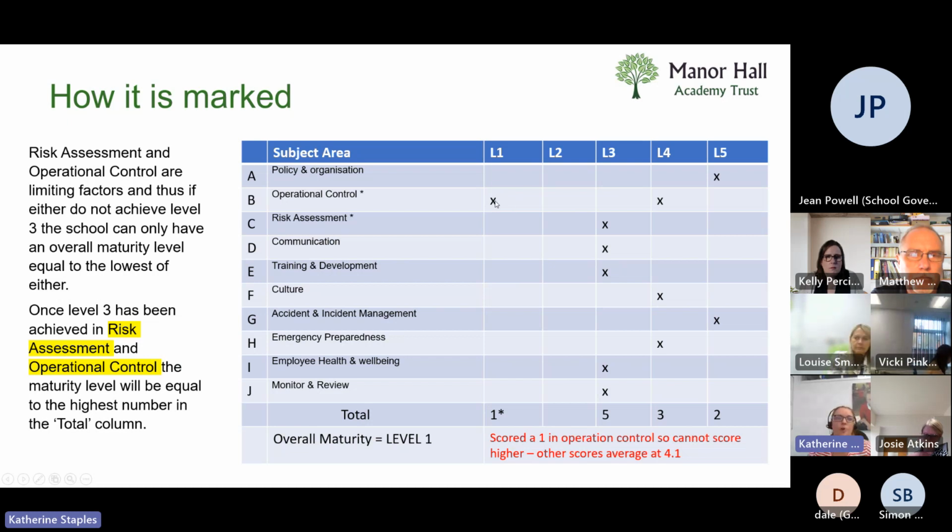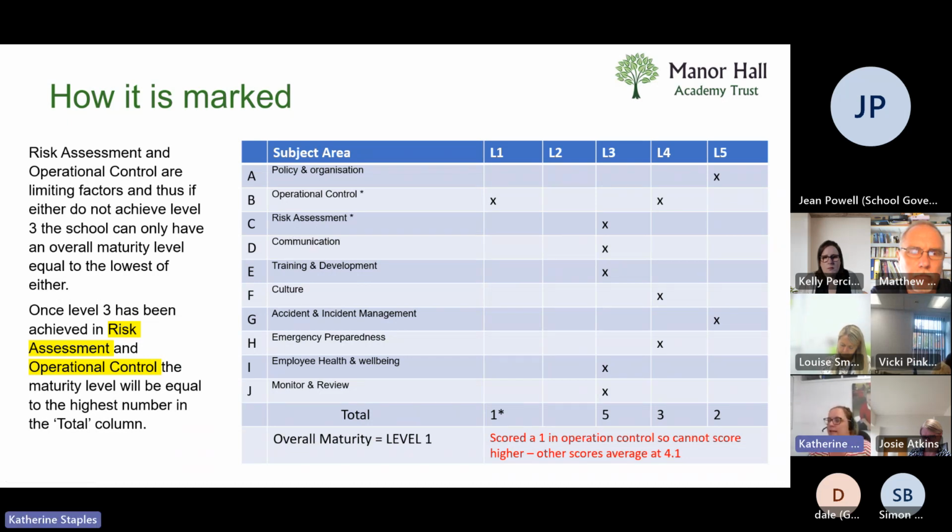They can only get a 1 if they get a 1 in operational control or risk assessment, or a 2 if they get a 2. If they get a 3 or above, the overall maturity level of the school is the average of that. So you can see quite quickly how a score can be either brought down or taken up if this area scores lowly. And the reason behind that is because these are where the legal compliance areas sit.